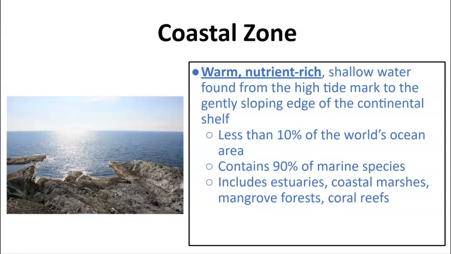It also contains some marine life zones like estuaries, coastal marshes, mangrove forests, and coral reefs. So these are very active areas of the ocean, full of different species, very biodiverse.